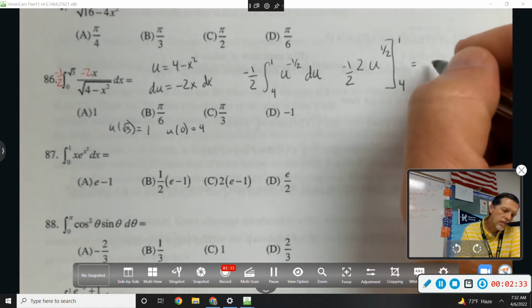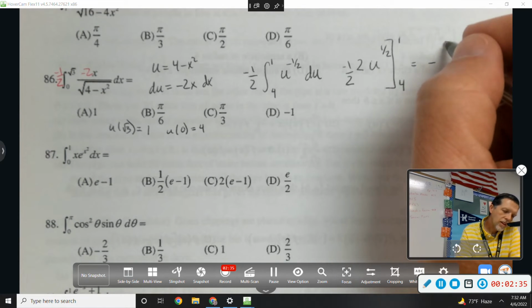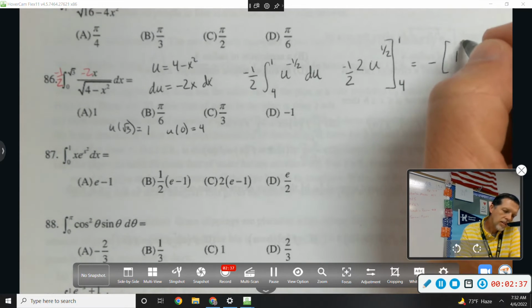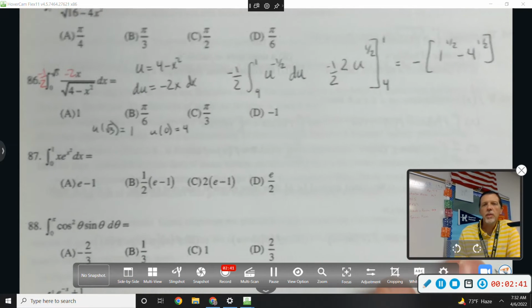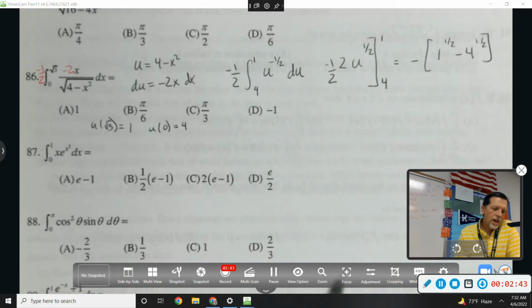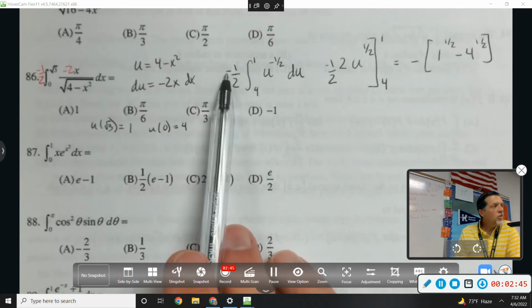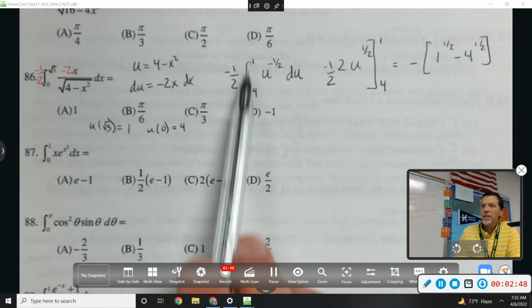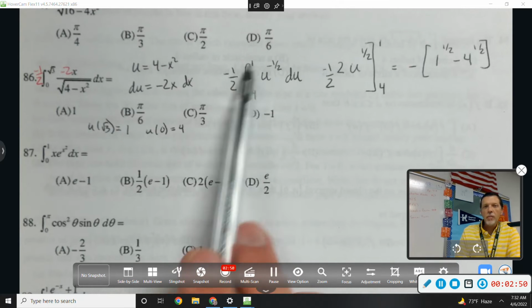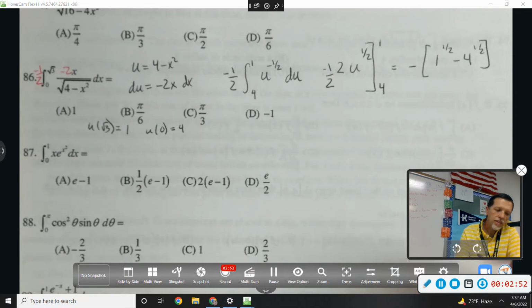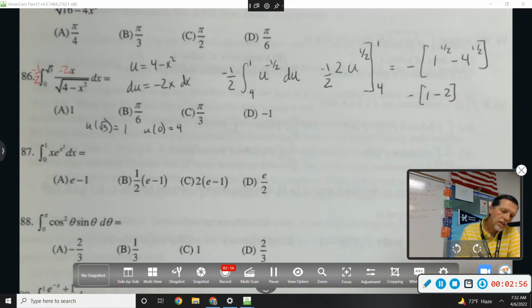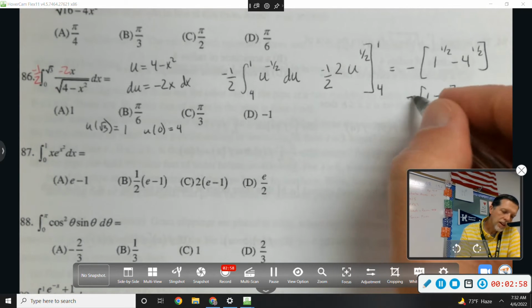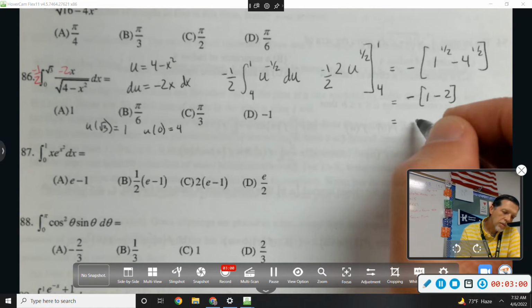So this is negative, top one minus bottom one. So lots of negatives here to keep up with, which I guess if we had done this sooner, we could have used the negative to flip the order. That might have made things a little easier, but it's going to work out the same in the end. So 1 minus 2 is negative 1, but then the negative out front makes this a positive 1.